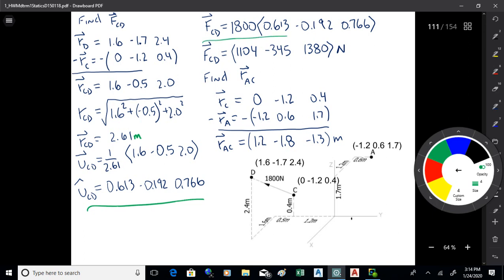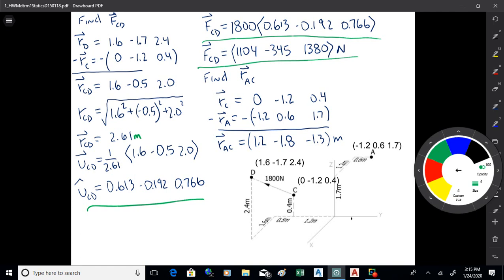Scale the unit vector up by the magnitude of the force, and you get a force vector. So that's the steps, okay? So RCD is RD minus RC. You got to remember to turn the letters around. Square root of sum of the squares gets you the length. Divide through by the length, you get the unit vector. Scale it up by the force to get the force vector.